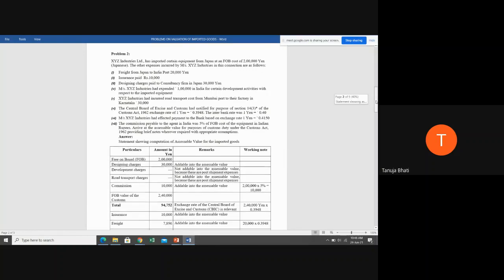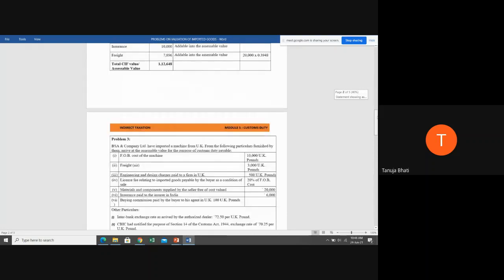If you don't read the problem correctly, you would consider this as yen, this also as yen, and this as yen, and the calculation would go wrong. So pay attention to the figures, see whether it is in rupees or yen, and either calculate everything in yen, or if you want to convert into rupees, take the exchange rate notified by CBIC and do the conversion.